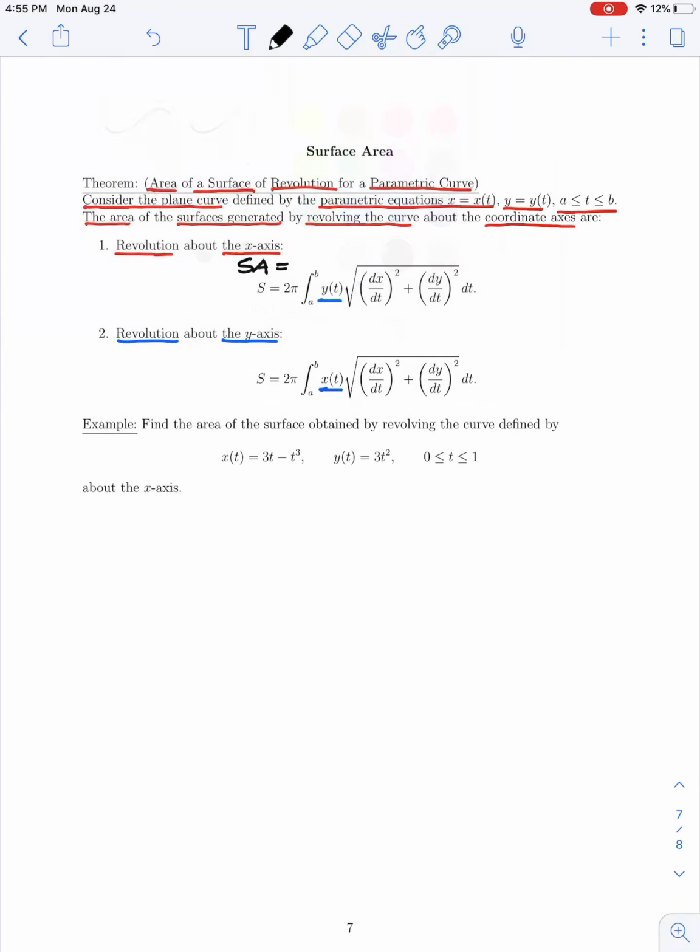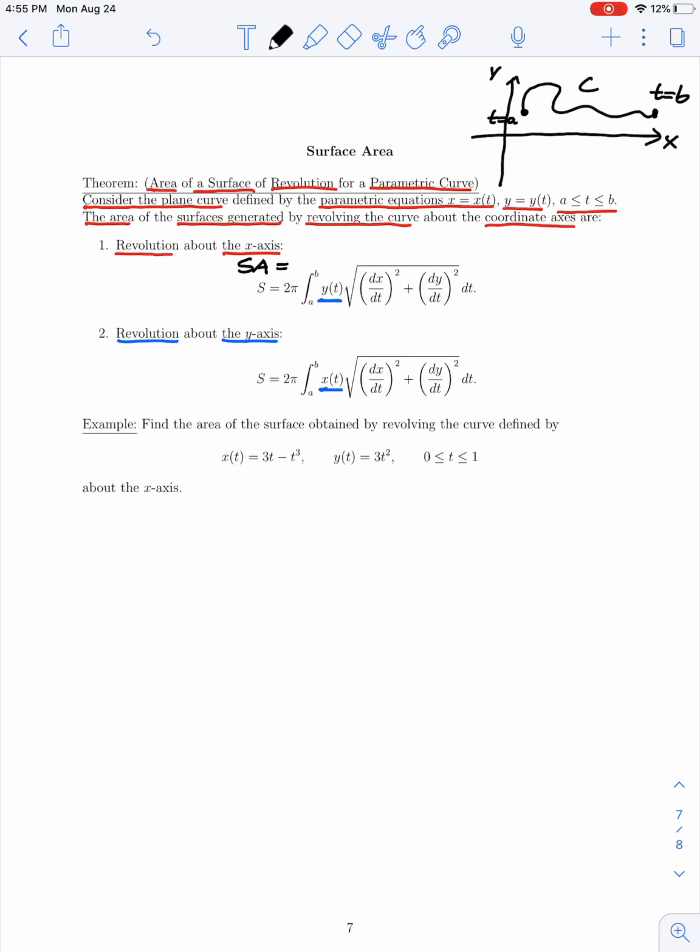Or maybe before we jump into some examples, let's illustrate what we're talking about here. So let's suppose that we have in the xy plane some parametric curve, C, and we're looking at the part of that curve between 2 endpoints, say an initial point and a terminal point corresponding to t equals a and t equals b.